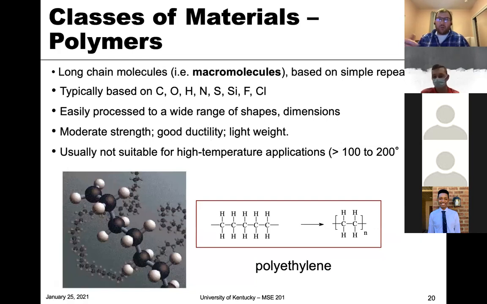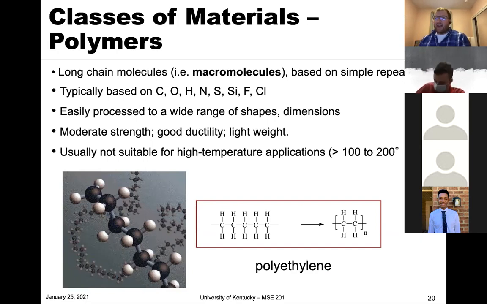All right, and then just real quickly, the last one, polymers. These are what we term macromolecules, which are basically just long chain molecules. They tend to have very light elements like carbon, hydrogen, and oxygen, and they can be processed very easily and cheaply. And that's why everything around you is probably a polymer, right?